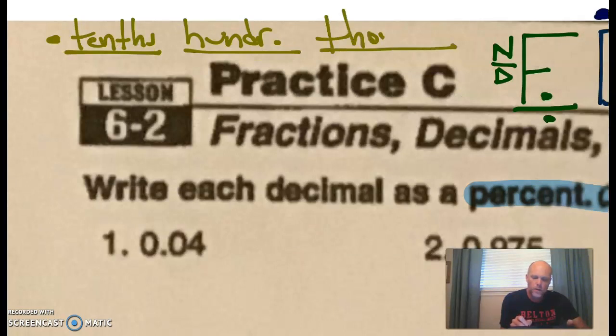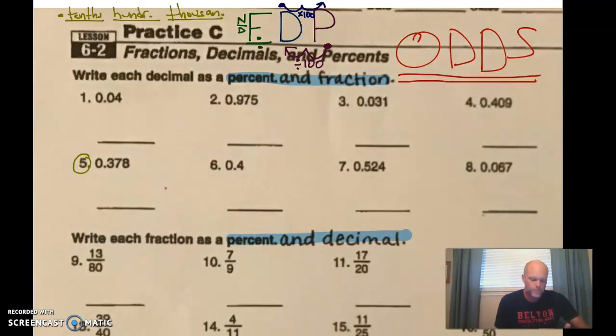Don't forget, you can pause this anytime you want. So, tenths, hundredths, thousandths. The last digit in the decimal always tells us what its value is.